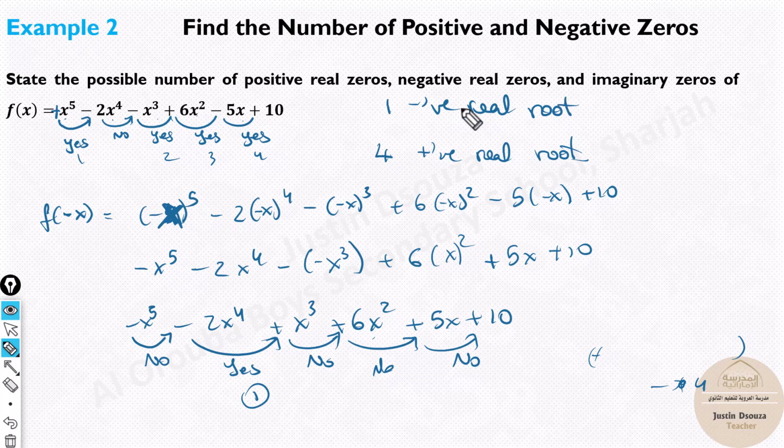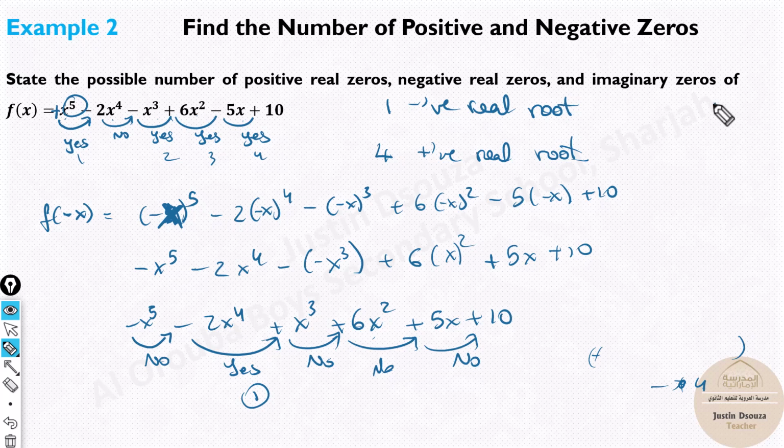Now it's very important that you mention it's a real root. See, positive real root, negative real root, because imaginary roots are something else. We have to write positive real root, negative real root. Now, what is the maximum number of roots possible over here? It can be only power 5, so maximum there are 5 roots.